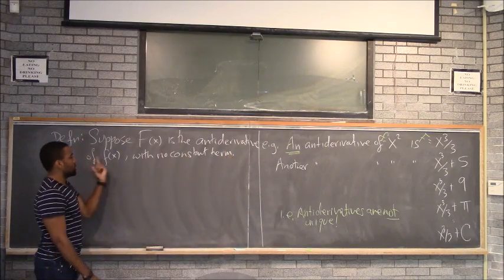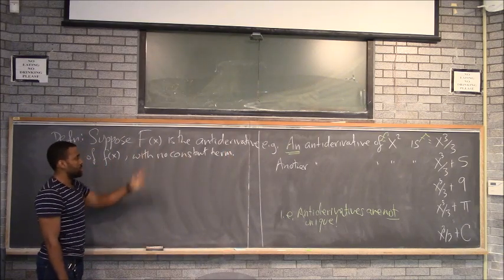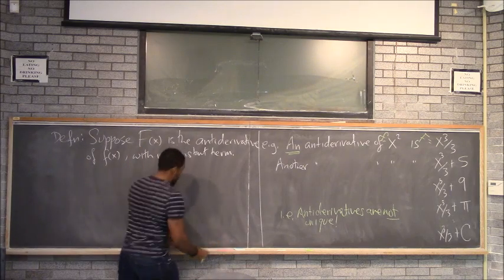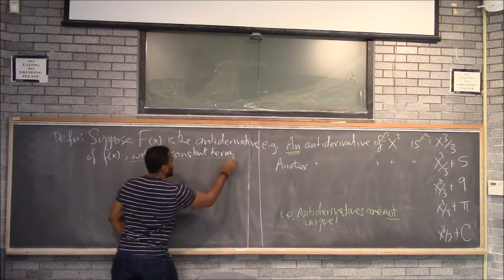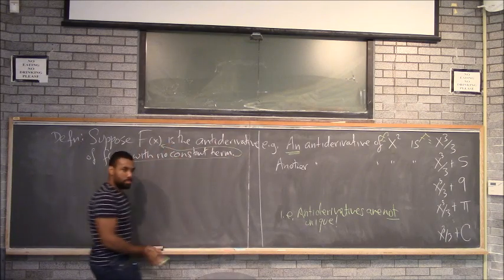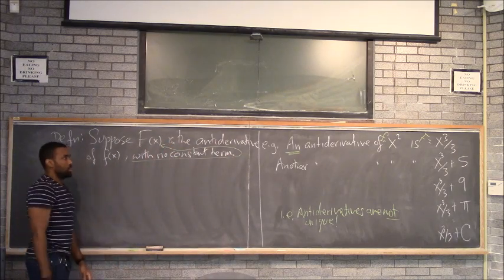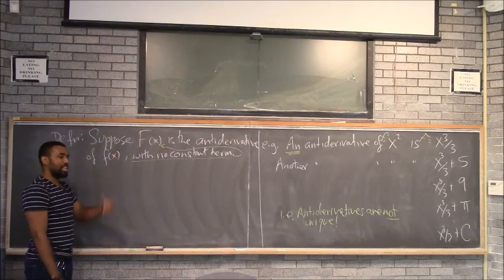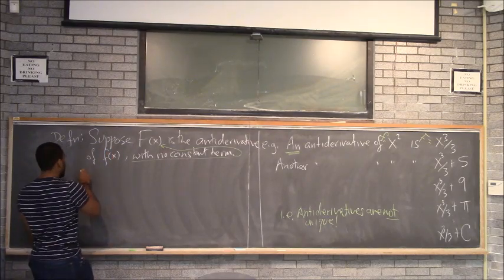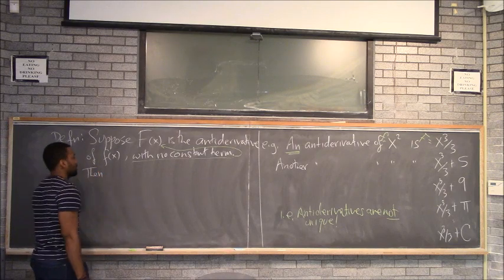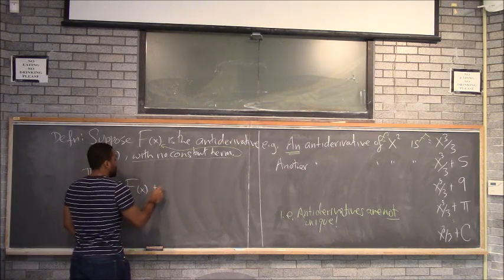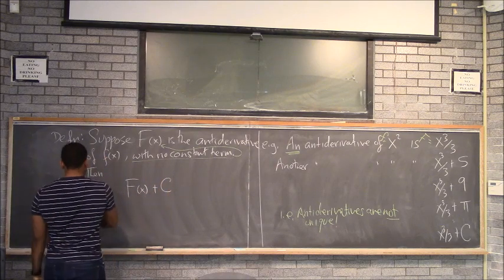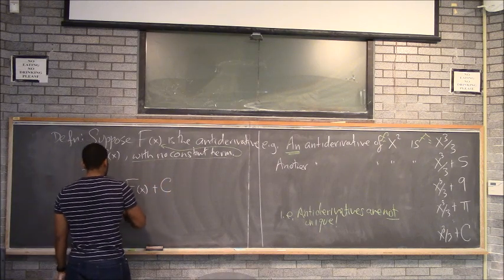So I found an antiderivative of this where it has no constant term. A guy with no constant terms, there's a potential dangling participle here. The guy with no constant terms I'm referring to is big F. So suppose I found an antiderivative that has no constant term, then I can say big F of x plus c is a general antiderivative.